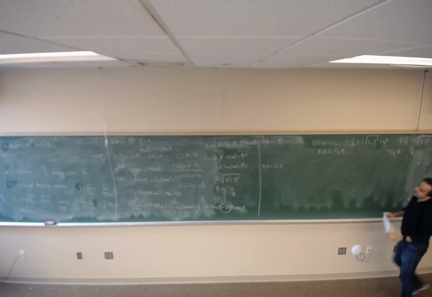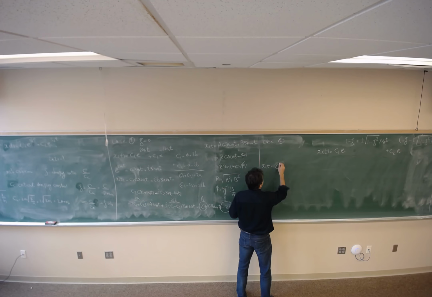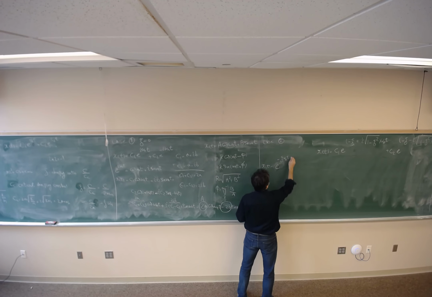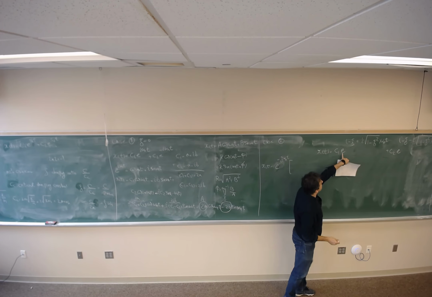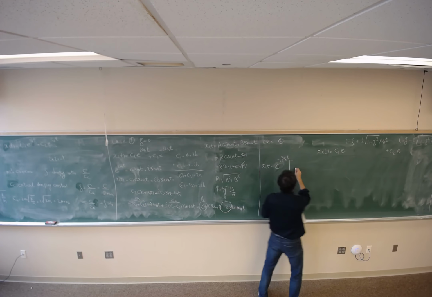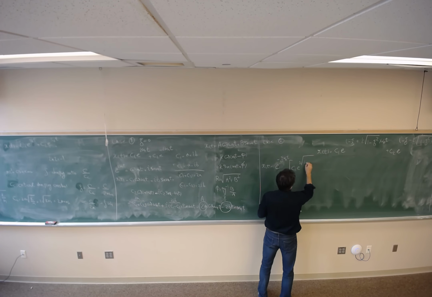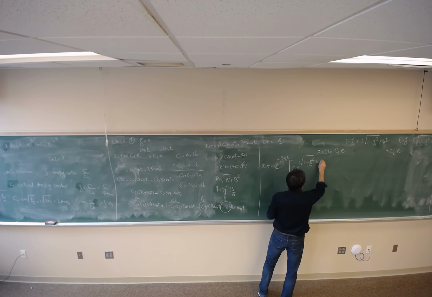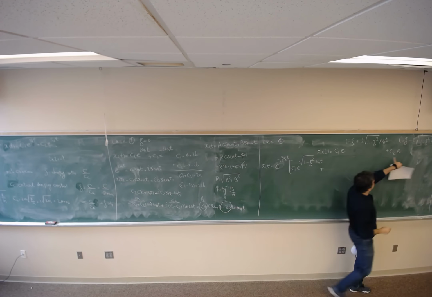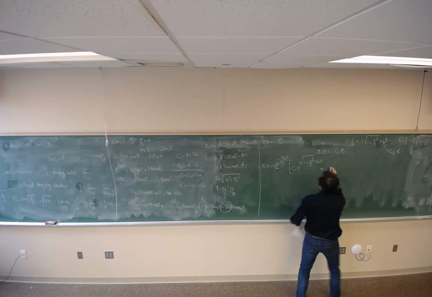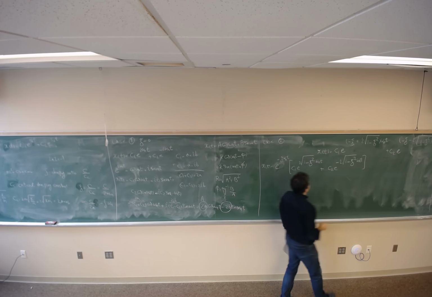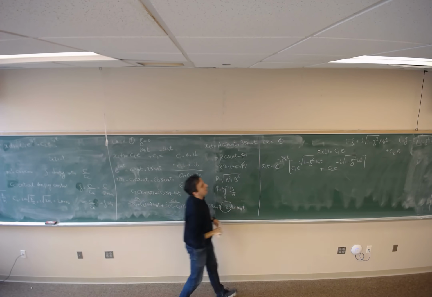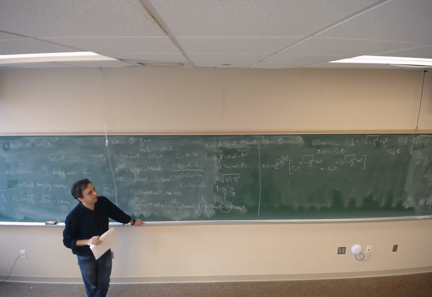I'll take these two negative zeta omega nt out of the bracket. What's left is C1 e power this plus C2 e power this. So I just took this common term e power negative zeta omega nt.